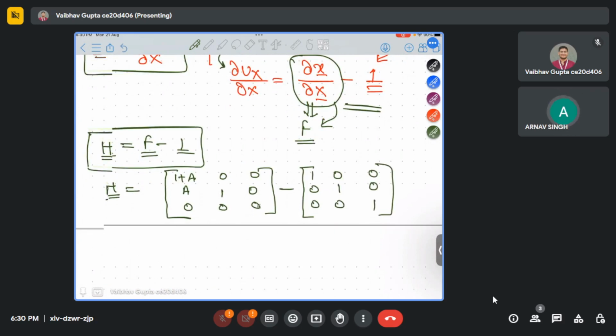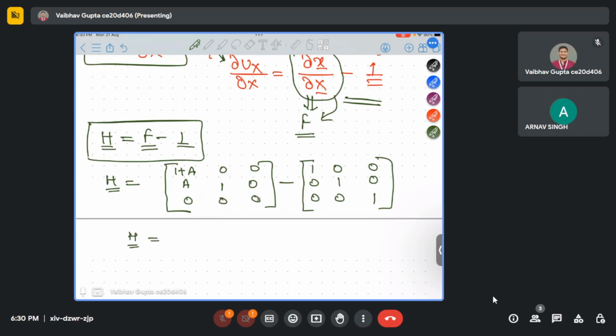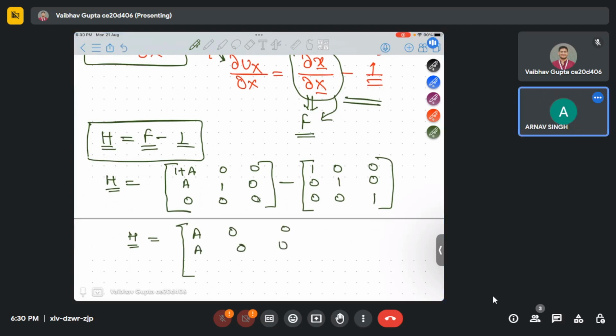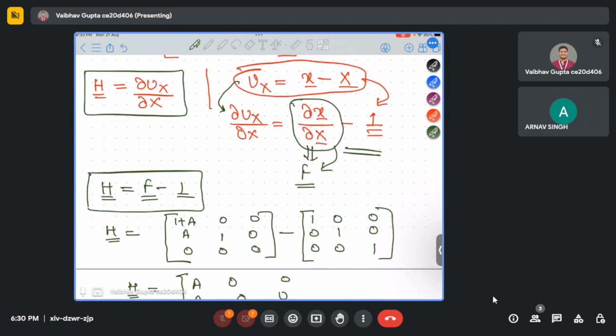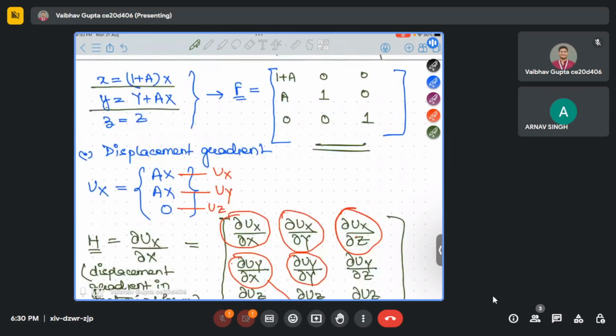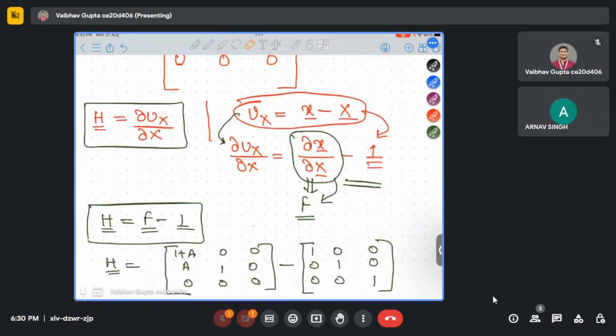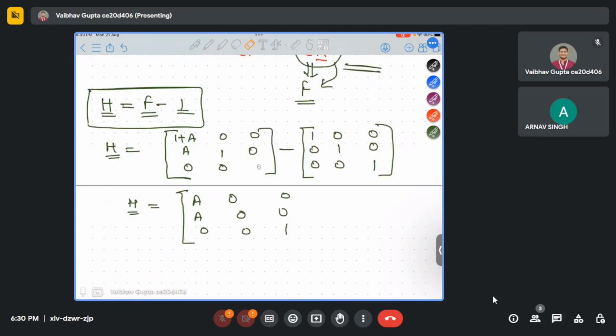What will you get for H? H is equal to A, 0, 0, 0, 0, 0, 0, 0, 0 with A in the first position.